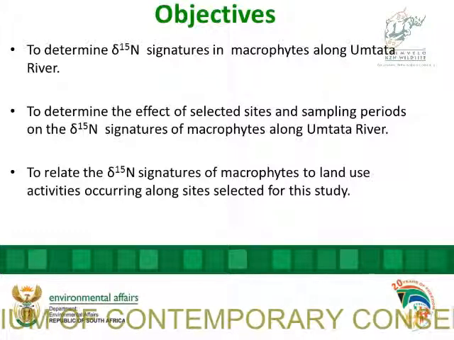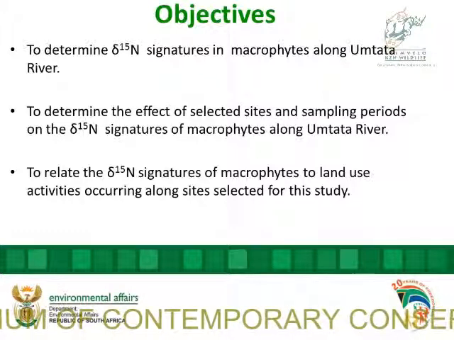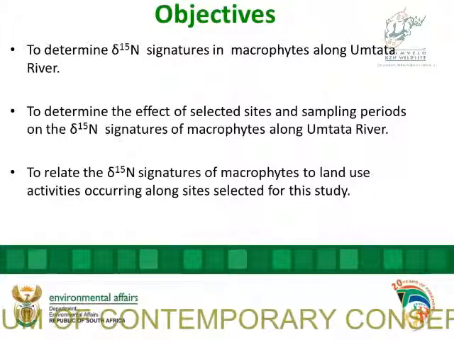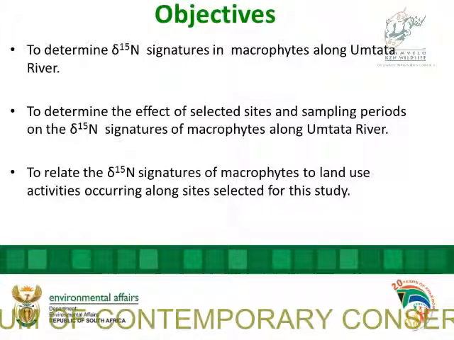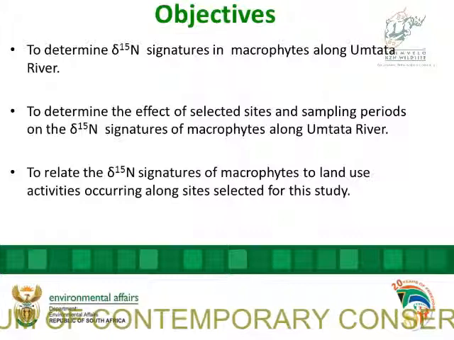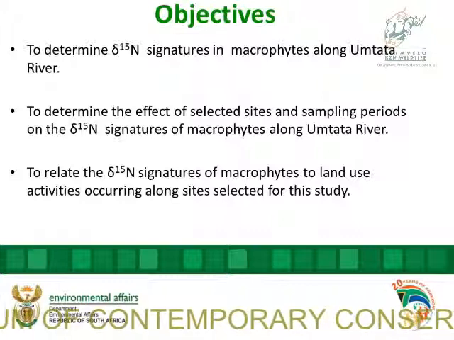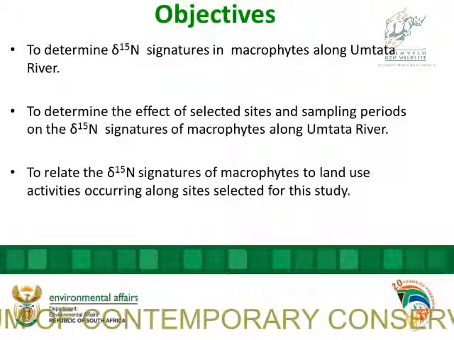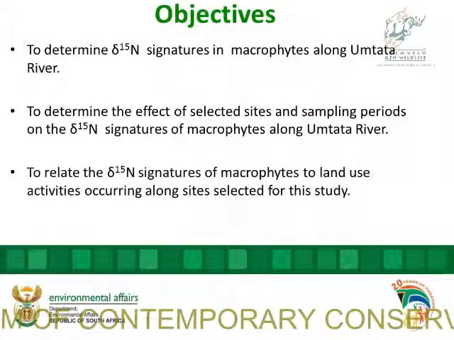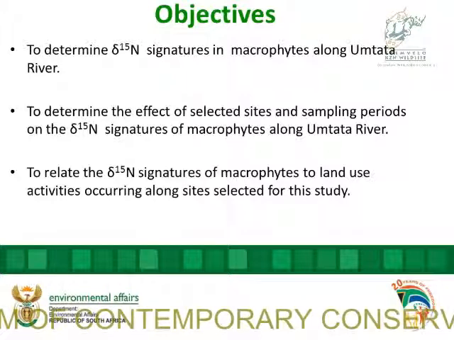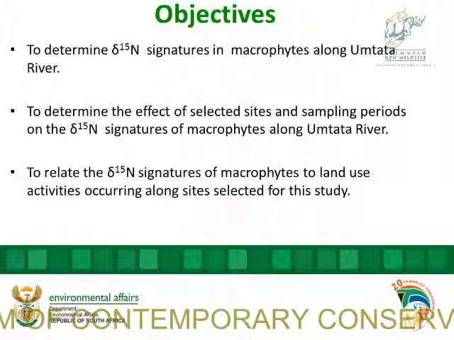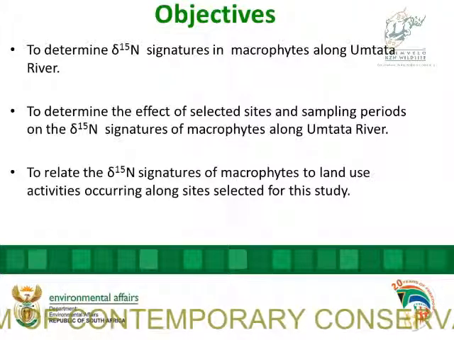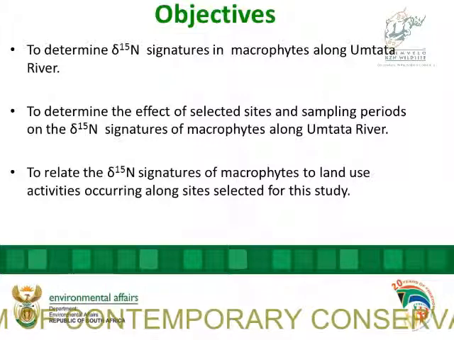So we used the stable nitrogen isotope of macrophytes as a possible indicator of the ecosystem function. We also wanted to check the effect of sampling sites and sampling seasons, and to relate the signatures of nitrogen-15 to land uses that were occurring within the catchment or around the sites that we selected.